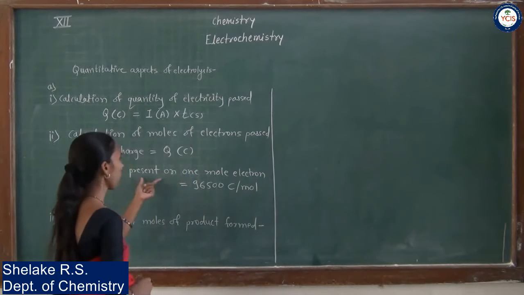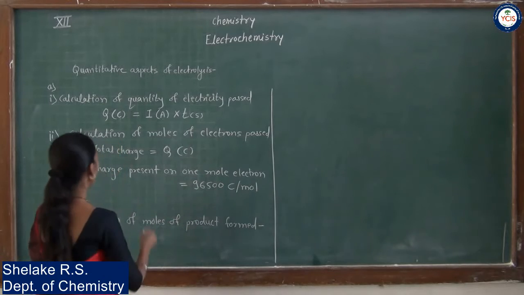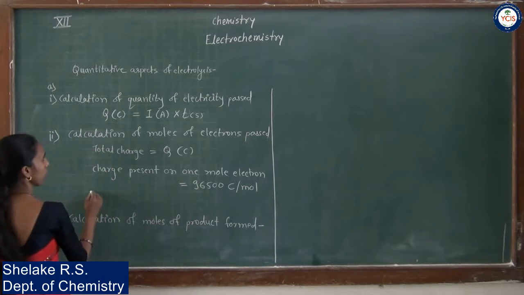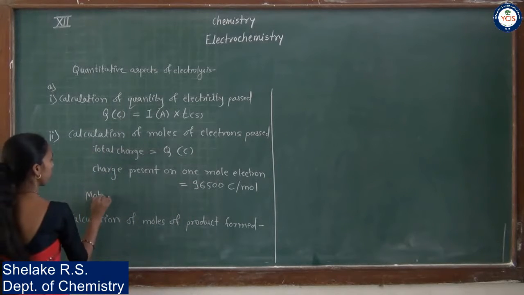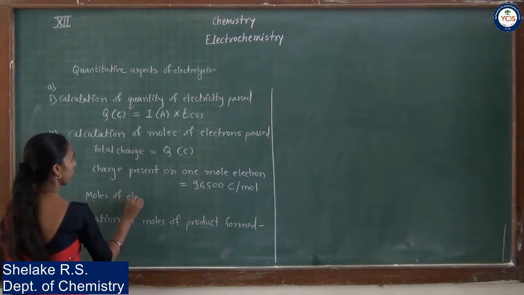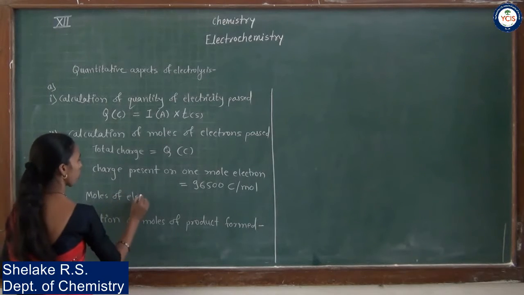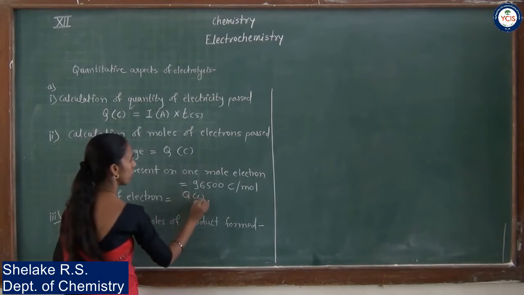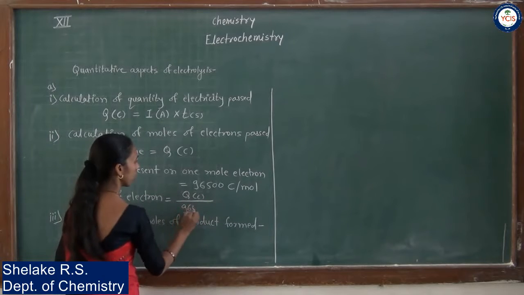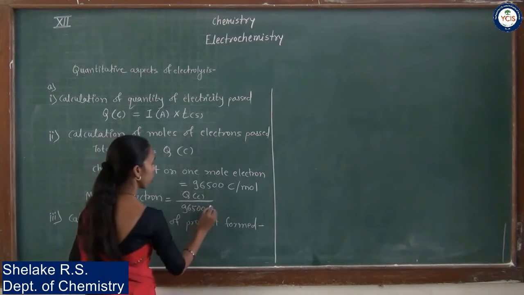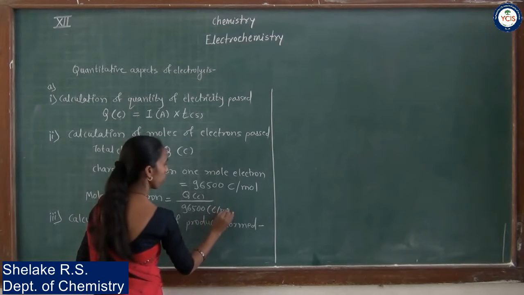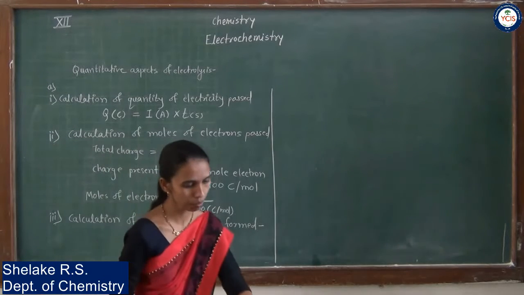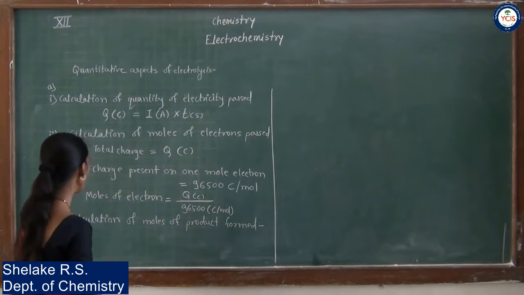So this is the charge present on 1 mole of electrons. So the number of moles of electrons is equal to Q divided by 96,500 coulomb per mole. This is the formula for the moles of electrons actually passed.